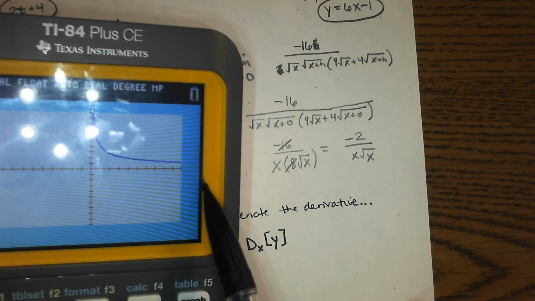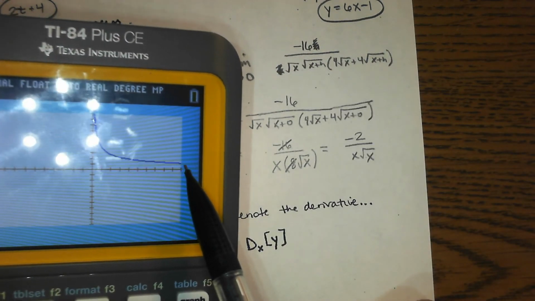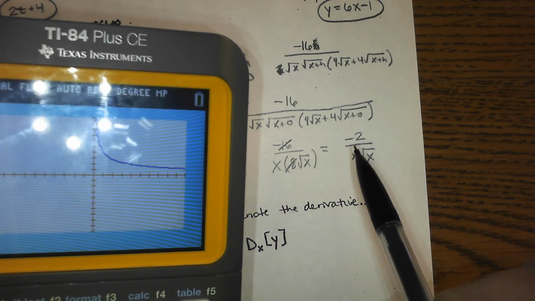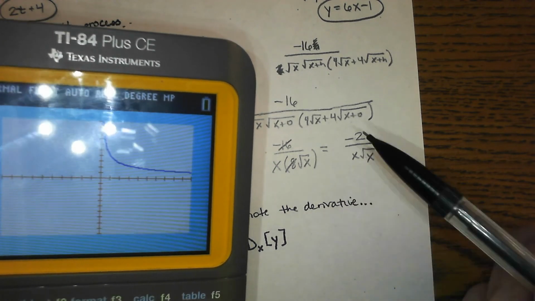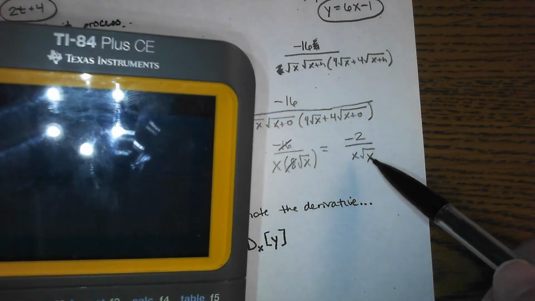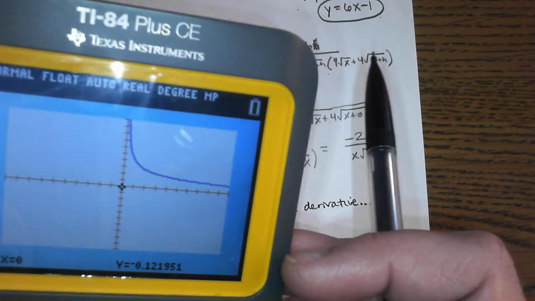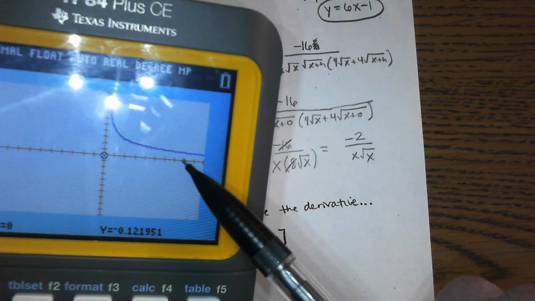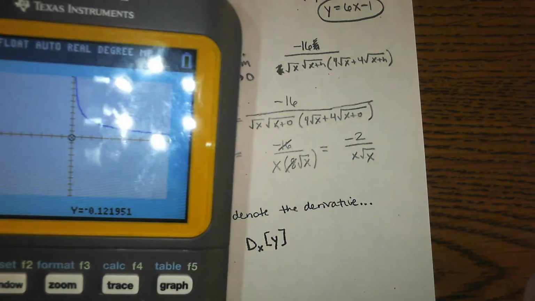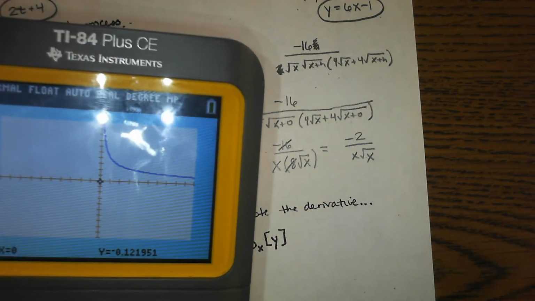And then if you plug in a big x value, not that 10 is big, but just for the sake of seeing it, negative 2 over 10 root 10 is like negative 2 over 30-ish. And negative 2 over 30 is negative 1/15. The slope of negative 1/15, down 1 over 15 units, is a pretty shallow slope. Does that make sense? Okay.